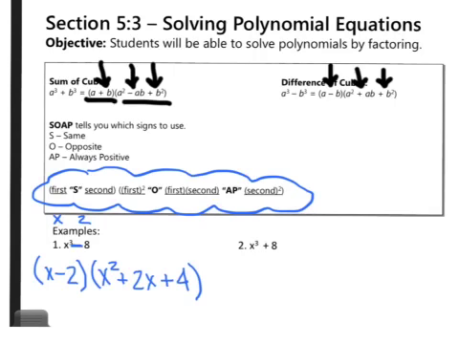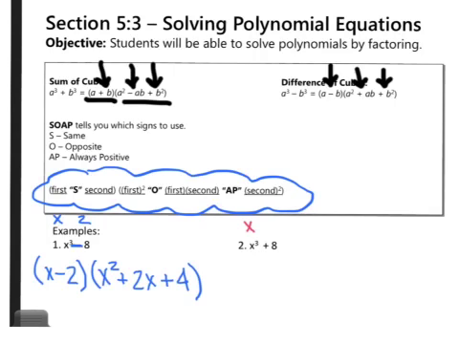Now you can compare number 1 to number 2. Number 2 is the exact same numbers, except this time it's the sum of cubes instead of the difference of cubes. So think about your A and your B value, or your first and your second terms. The cube root of x cubed is x.